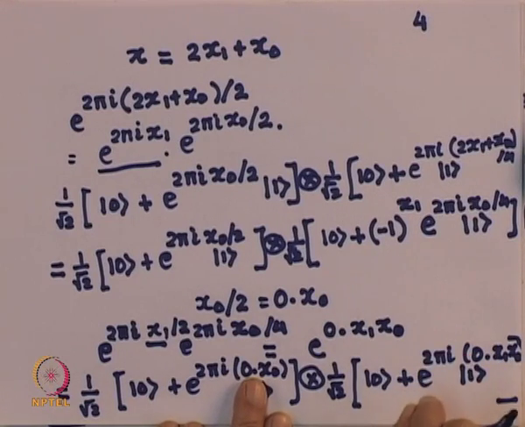And because of that, I need to change. You notice here we have got e to the power 2 pi I 0.x1, which is nothing but minus 1 to the power x1. This is what you expect of an ordinary Hadamard transform. But the phase factor is e to the power 2 pi I x0 by 4, and that phase is there only when x0 is equal to 1.